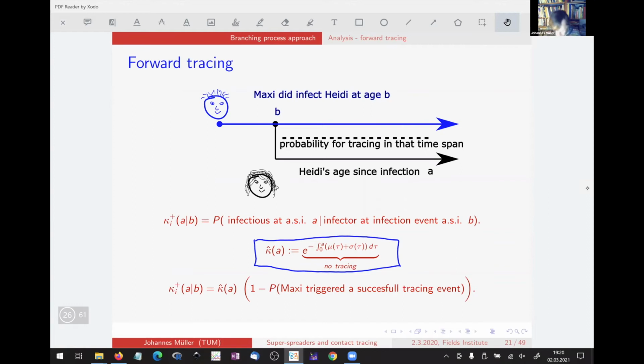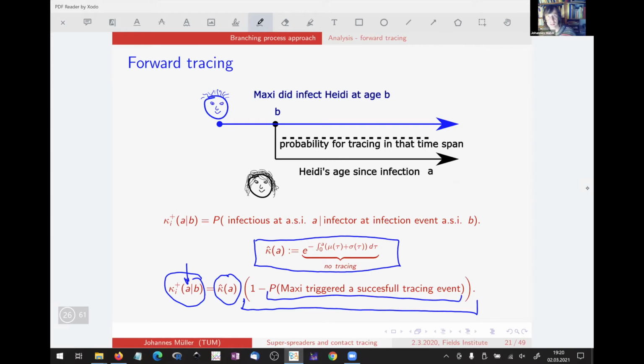Heidi is still infectious at age of infection A if she is infectious without contact tracing, times the probability that Maxi did not trigger a successful tracing event, which is 1 minus the probability that Maxi did trigger one. So what we need to know is how likely it is that Maxi, somewhere in this time span, recovered and triggered a tracing event that removed Heidi from the set of infectious persons.